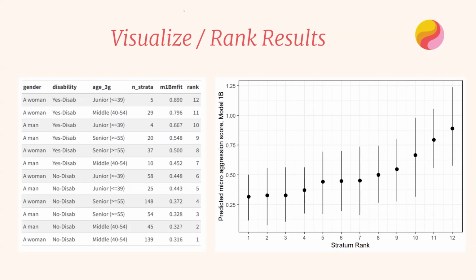And you can also visualize this, as you see on the right-hand side, the stratum rank in relation to the predicted microaggression score. And if you remember that others use like 384 strata, these types of visualizations and tables then make it really feasible to have a better look at these intersectional effects.